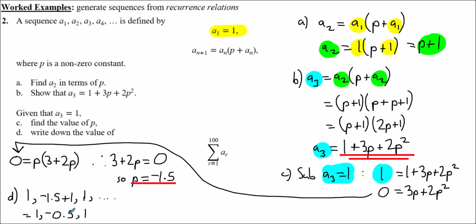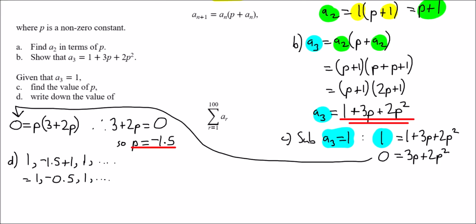I'll talk about what a periodic sequence is very shortly in this video. So we're going to have a repeating block. This block here is going to repeat. It's going to be 1, minus 0.5, go back to 1 again, then minus 0.5, and the pattern will repeat. So we've got 100 terms, which means we're going to have 50 lots of 1 plus minus 0.5 when we're summing it.